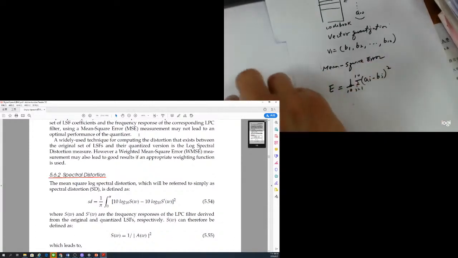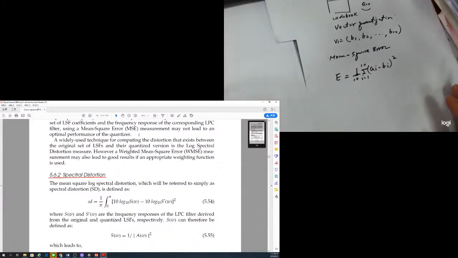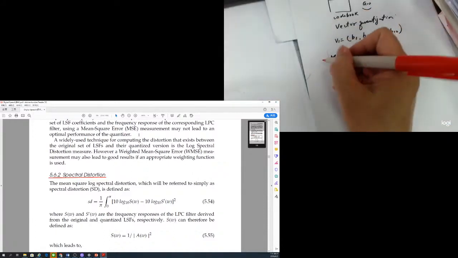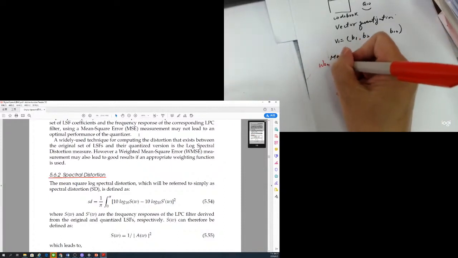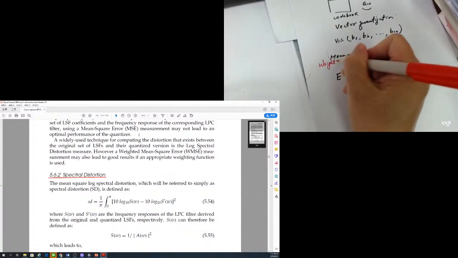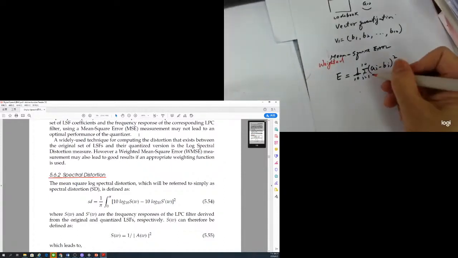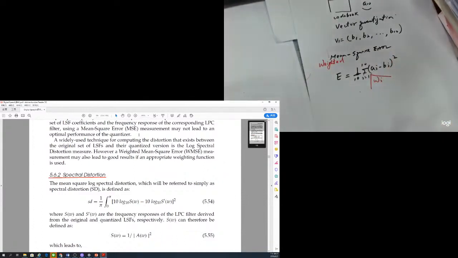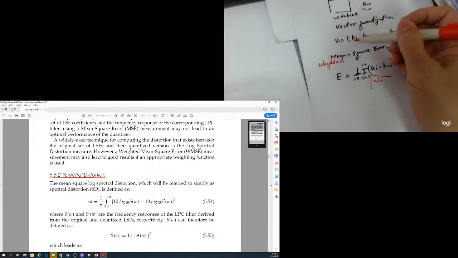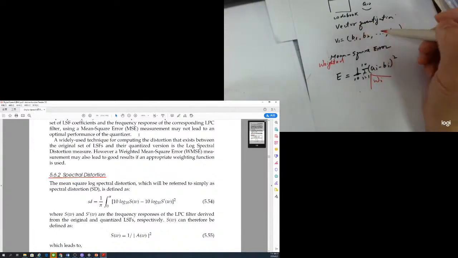If you consider weighting, weighted mean square error, maybe we can put a weighting coefficient here to emphasize some low frequency or high frequency phase angle, depending on you.